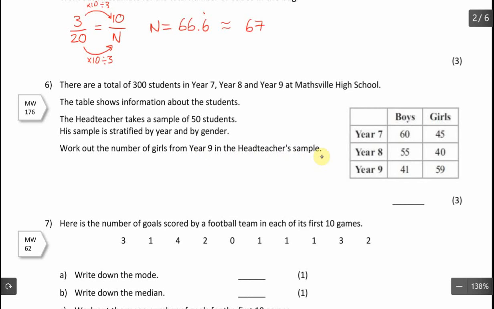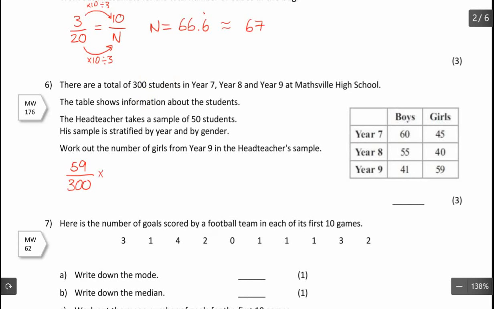So the method you want to use here is to find the number in the group we're after. So that's Year 9 girls, so 59. Divide that by the total population, and then we know there are 300 students because it tells us up here.